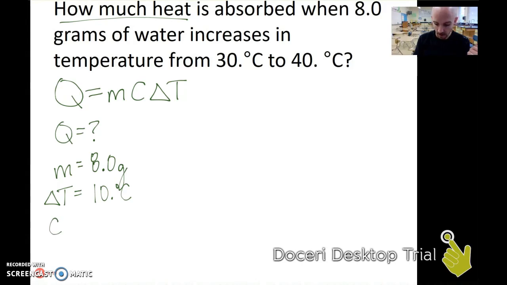To find C, when you're working on your homework assignment, you'll have this table. This table has some specific heats of all sorts of different materials. Because this question is about water, we go to our table and look for water, and it tells us that the specific heat is 4.184 joules per gram degree Celsius.